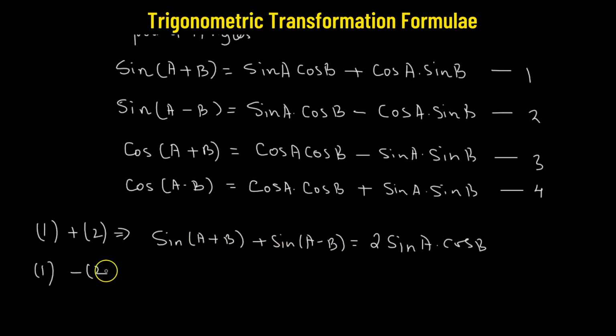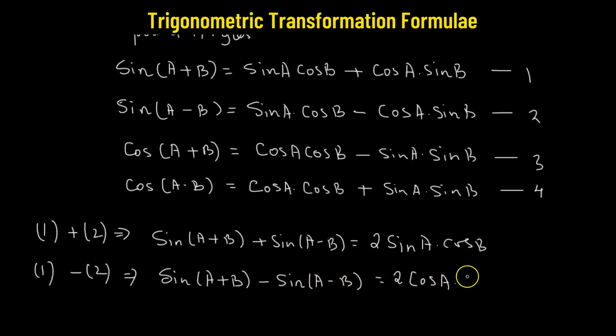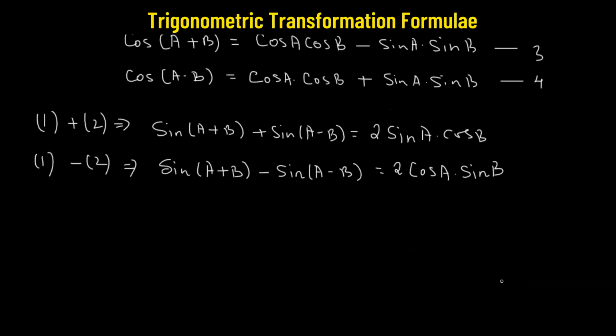Similarly, if we do 1 minus 2, we get sine of A plus B minus sine of A minus B. The first term will get cancelled out, and we'll be only left with the second term, so we have 2 times cosine of A times sine of angle B. Similarly, we can add 3 and 4.